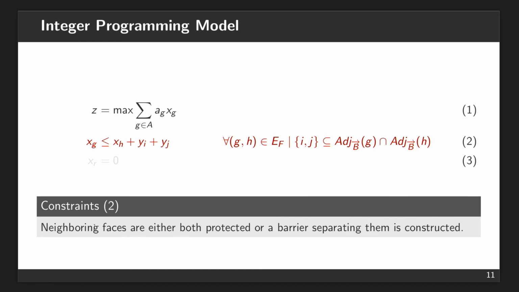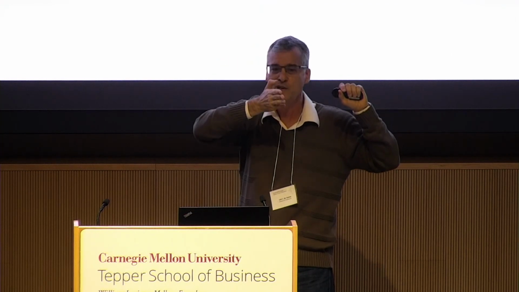So for instance, if you have barriers i and j, I use different letters to denote the different directions you can construct this barrier, but if one of the faces is protected and the other one is not, this means that a barrier that separates them has to be constructed.